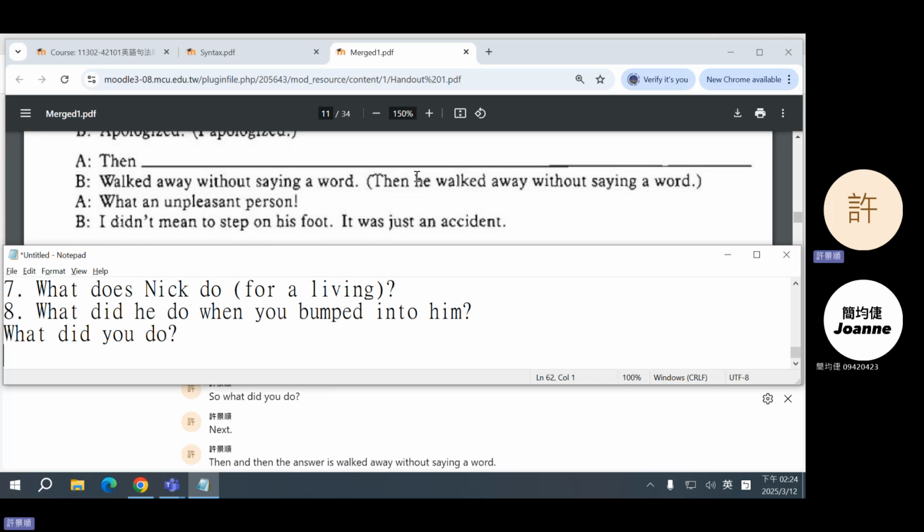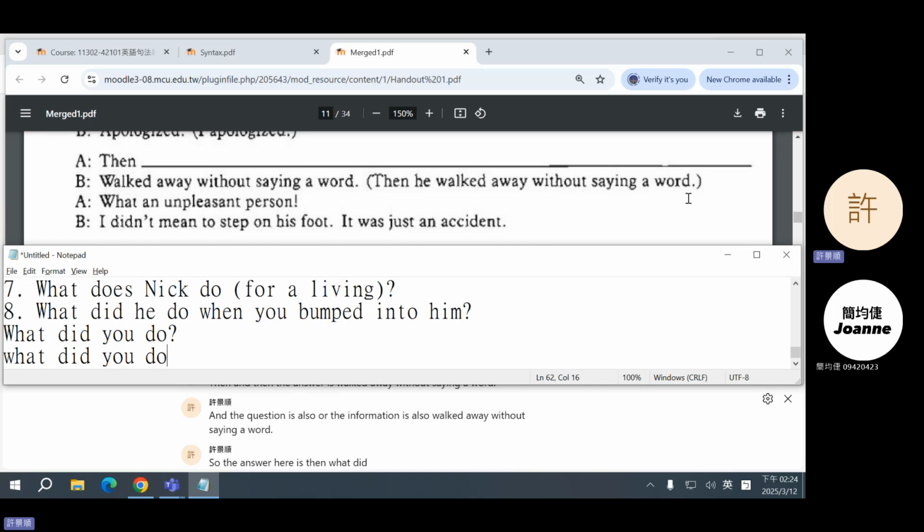And the information is also walked away without saying a word. So the answer here is then, what did you do? Remember, it's a lowercase w because it's not the beginning of the sentence. The beginning of the sentence is then.